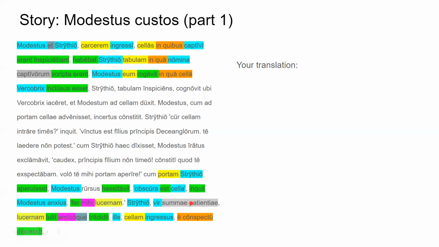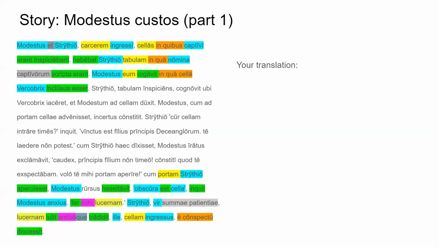Strithio, vir summae patientiae, lucernam tulit amicoque tradidit. Strithio, a man of the utmost patience, of the highest patience, brought. Tulit is from the verb fero, so it's an irregular perfect tense form of fero.